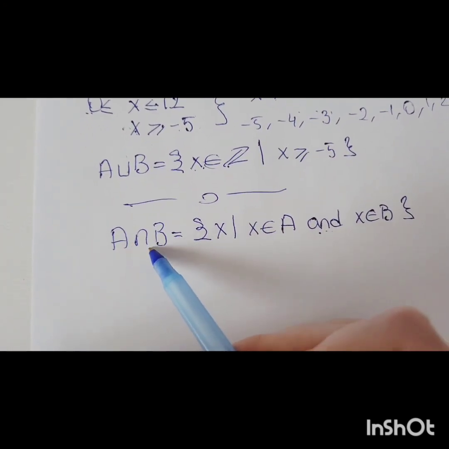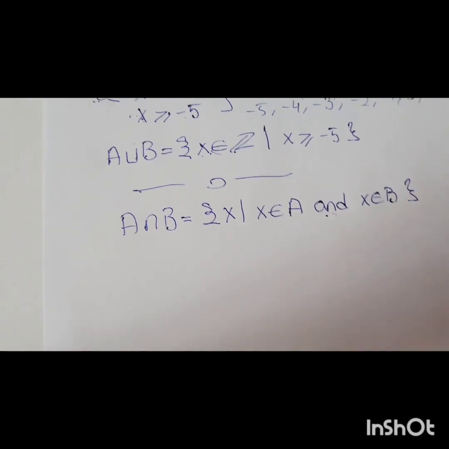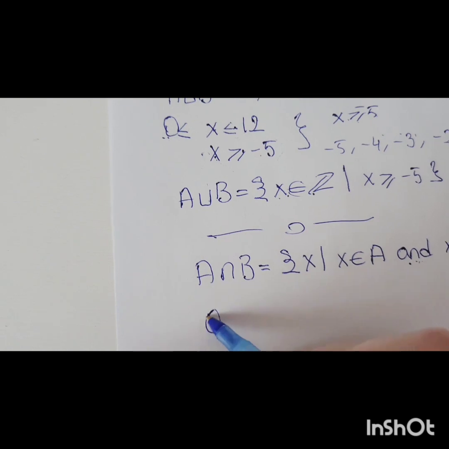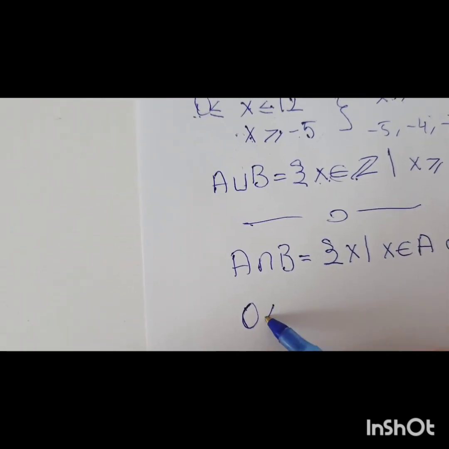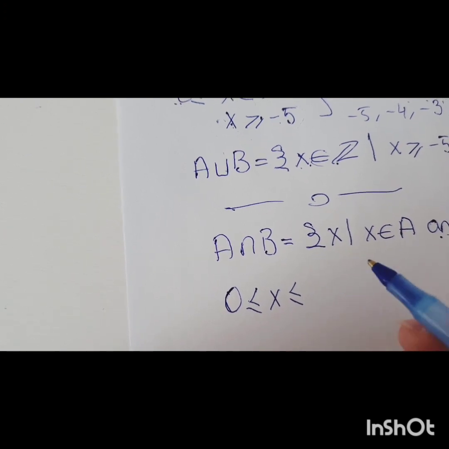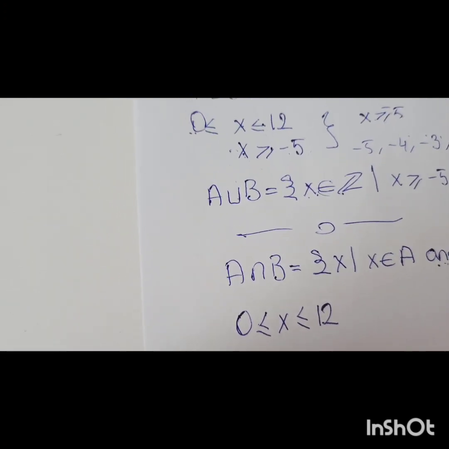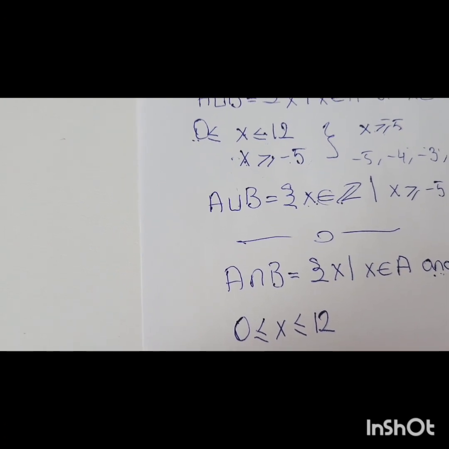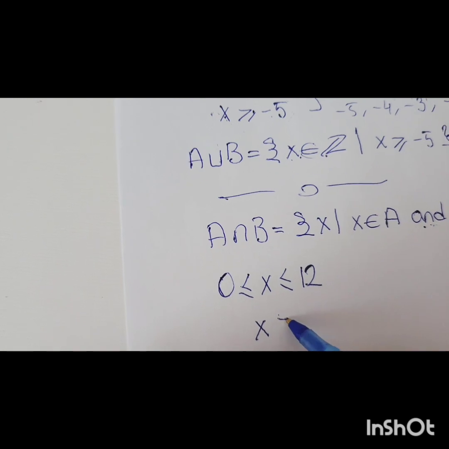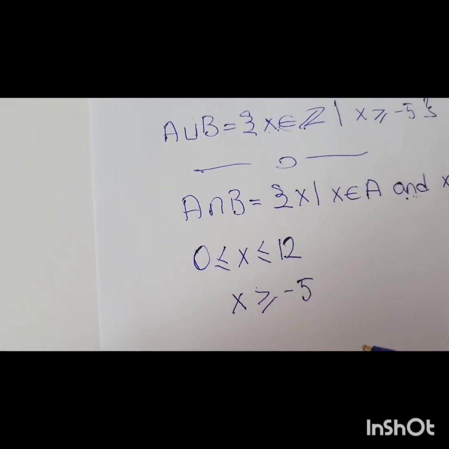In the intersection, we say and. Here, again, in B, the elements are between 0 and 12. In A, elements are greater or equal than -5.